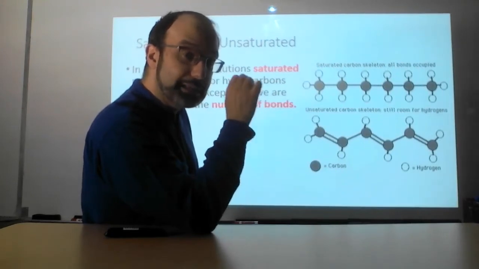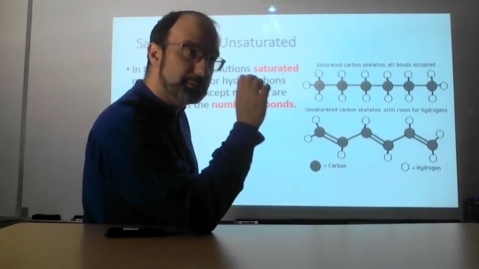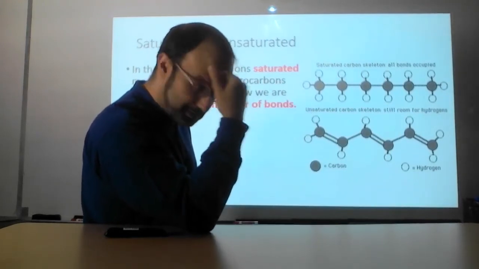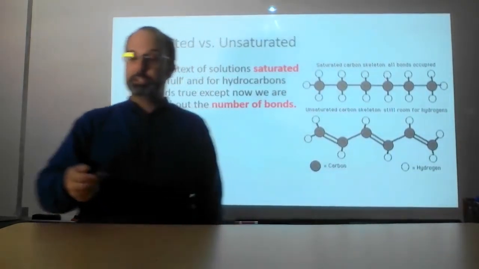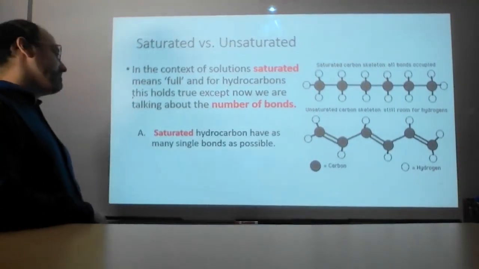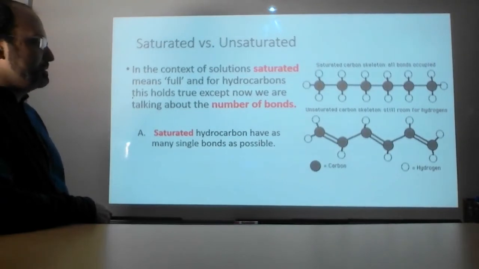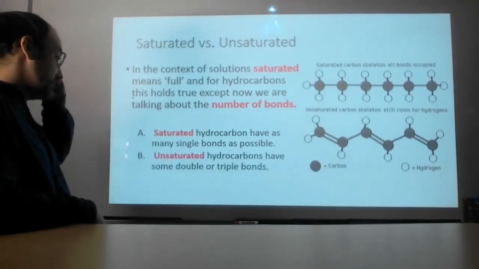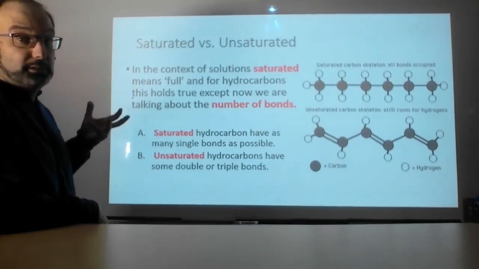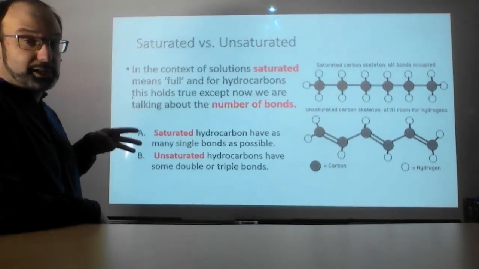This is called a double bond because it's double the bonds. Again, the scientists were bad at naming things. Oh, they should have sent a poet, as the saying goes. A saturated hydrocarbon has as many single bonds as possible. An unsaturated hydrocarbon has some double or triple bonds. Double means 2, triple probably means 3.